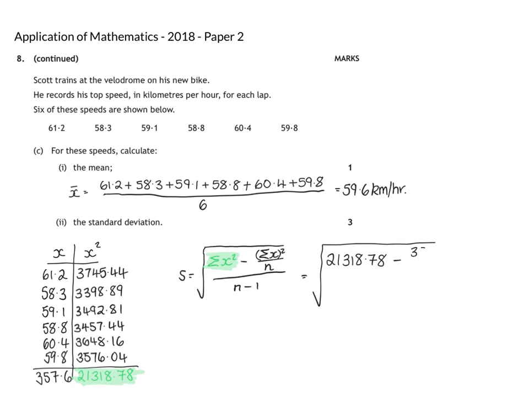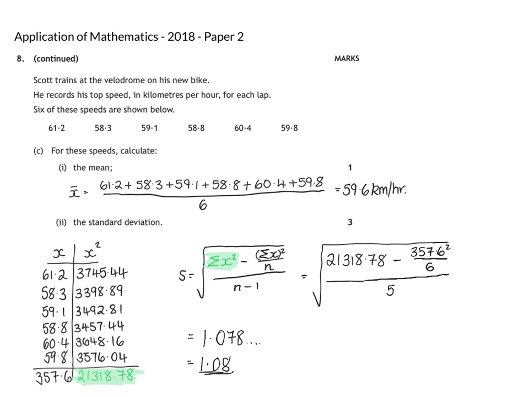So 357.6 squared, all divided by 6, because there are 6 pieces of data in our sample. And then n take away 1, so 6 pieces of data, take away 1, which is 5. So our answer there is 1.078, which will round to 1.08. So that is our standard deviation.